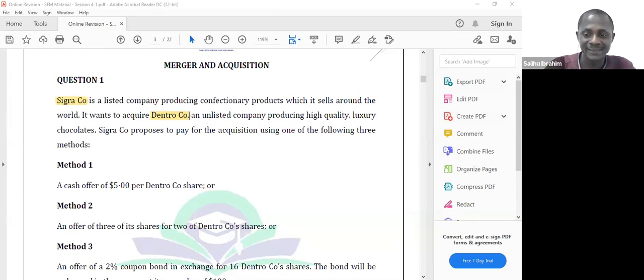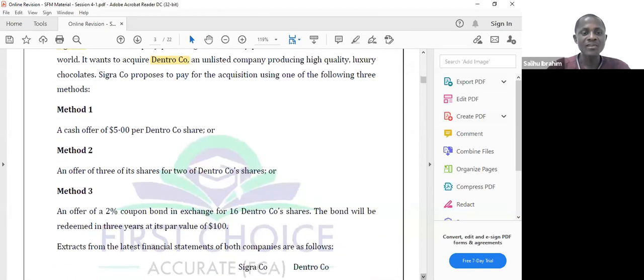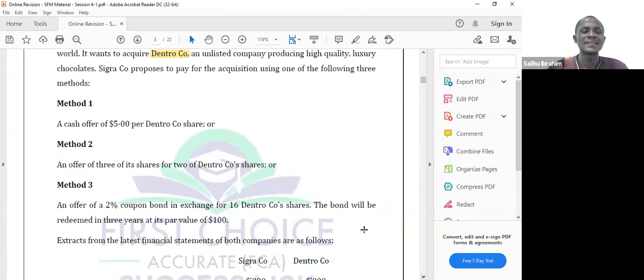And method 3, an offer of a 2% coupon bond in exchange for 16 Dentroco share. This is a debt offer. We are issuing the debenture to acquire the shares of Dentroco, meaning that after the acquisition, the shareholders of Dentroco will now be having the debenture in Sigraco.